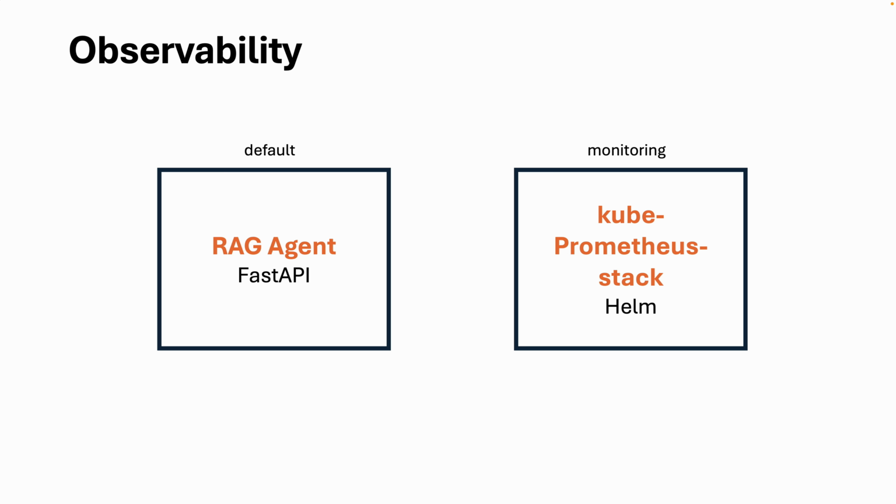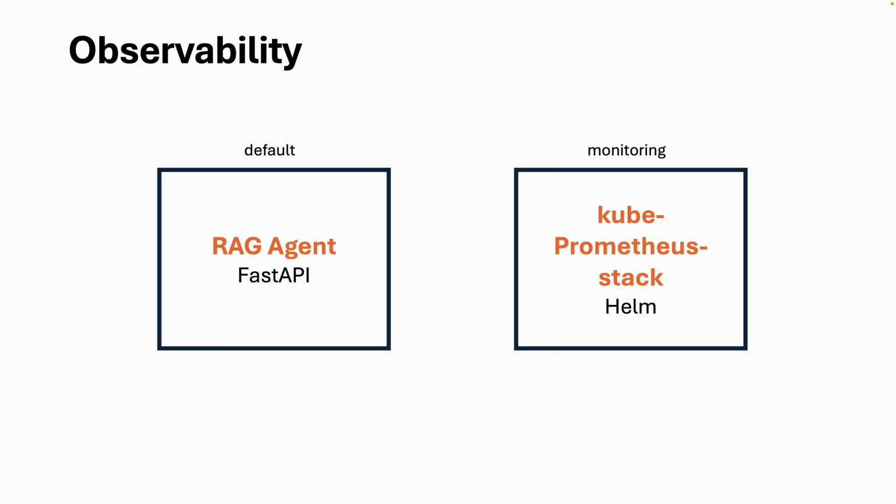What it does is give us Prometheus, which scrapes metrics every 15 seconds, Grafana for dashboards, Alert Manager for alerts, Node Exporter for EC2 node metrics, and kube-state-metrics for pod and deployment state.